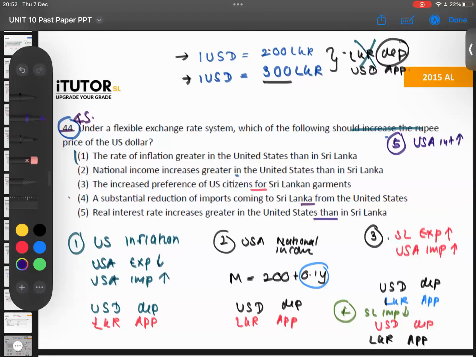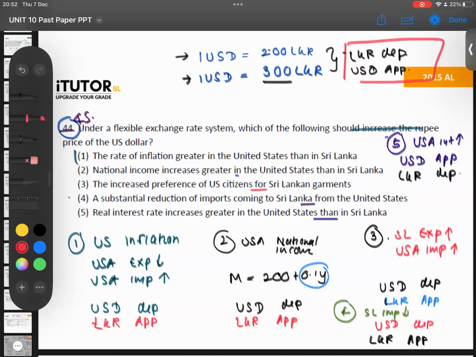So the US dollar will appreciate. Everyone is putting their money in the USA, so the Sri Lankan rupee will depreciate. The question is correct. We are looking at an answer where LKR will depreciate and the US dollar will appreciate, so it should be answer number 5.